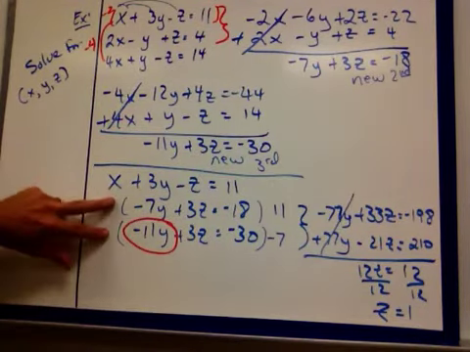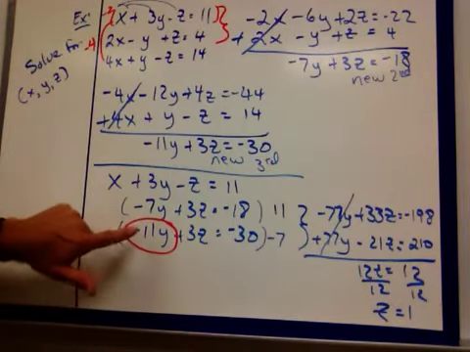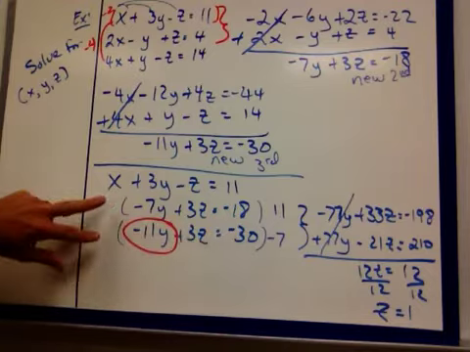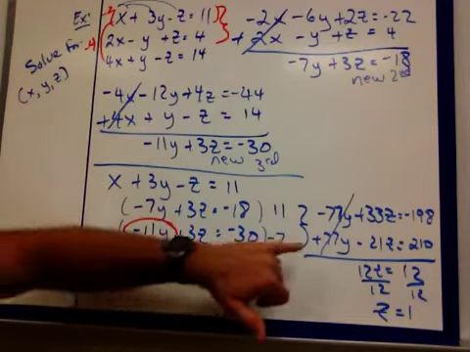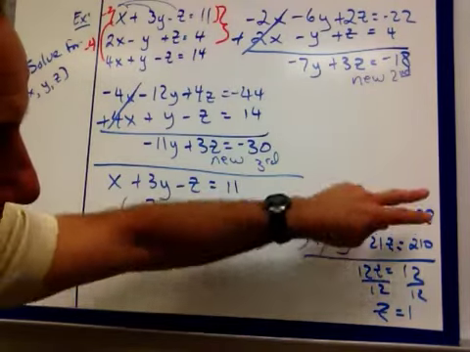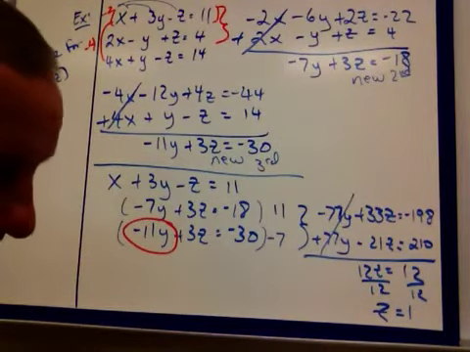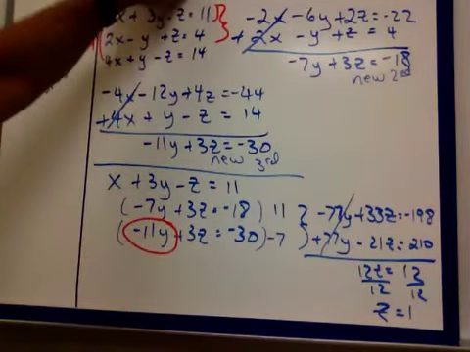Checking your arithmetic as you go. I rewrote the new second and third right here. Then I want to get rid of this here. So I used 77y. Multiplied accordingly so that my signs would be different. Elimination method. I'm actually able to solve for z. So what do I have now? Let's look at our triangular form because now you're going to see it.